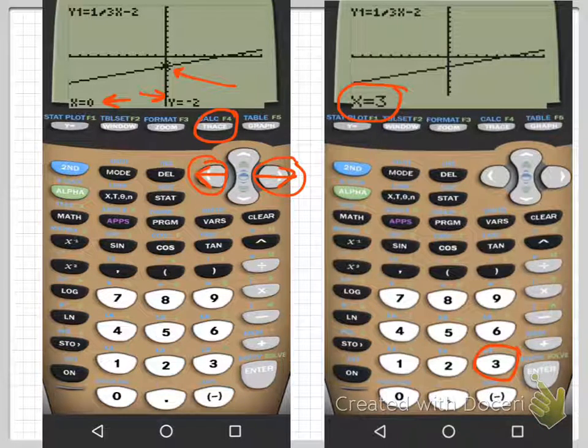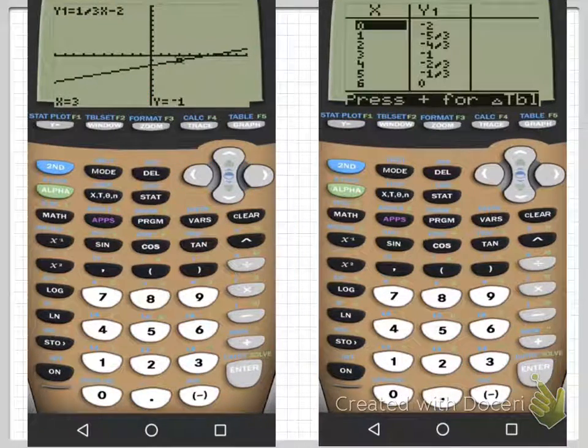After you've pressed 3, you notice that x equals 3, so we're plugging in 3 on the graph. Then you can press enter, and voila, you should get something that looks like this on the left. We just moved the little spidery thing over to the point where x equals 3. Notice if x equals 3, then y equals -1. So the answer to our question, what is the output when x equals 3? The answer is -1.